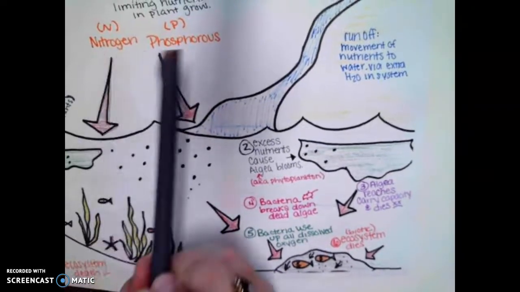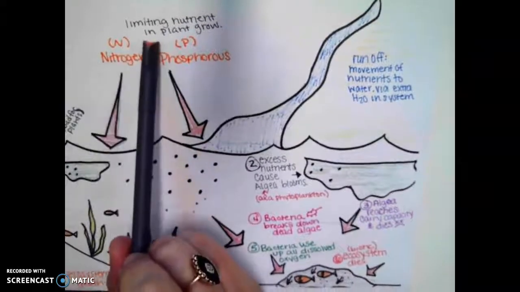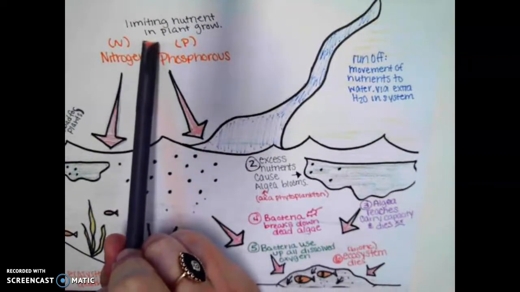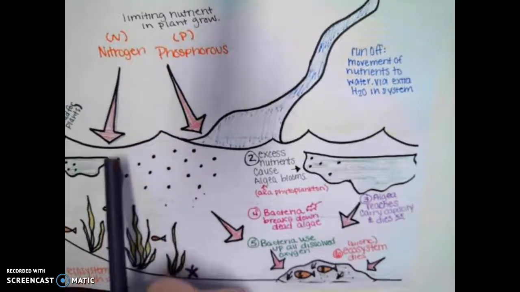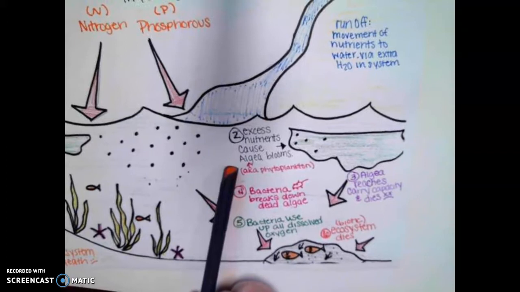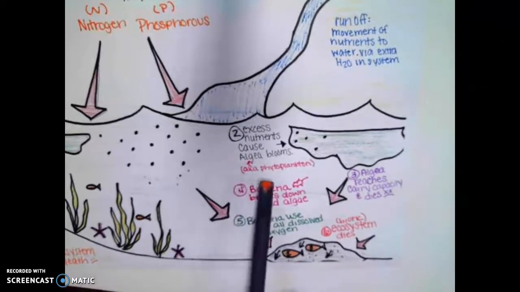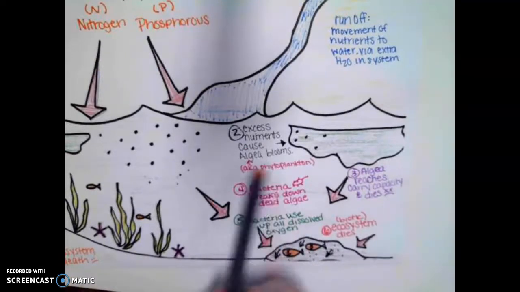Those increased nitrogen and phosphorus, which are the limiting nutrients in plant growth, meaning they are what's stopping the plants from growing crazy, from growing without bounds or growing all over the place. So those enter the system, and that allows the algae to bloom uncontrollably. So think like that entire lake full of green stuff. So that's not good. The excess nutrients cause the algae to bloom.